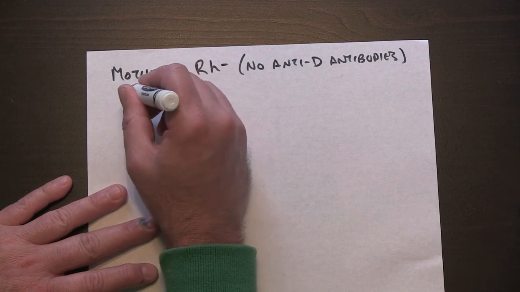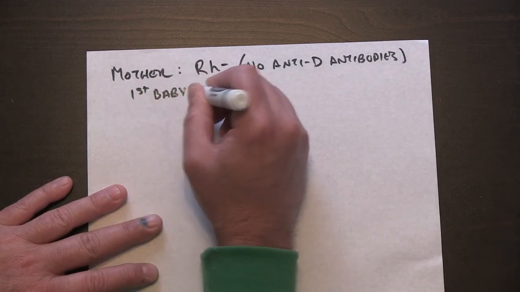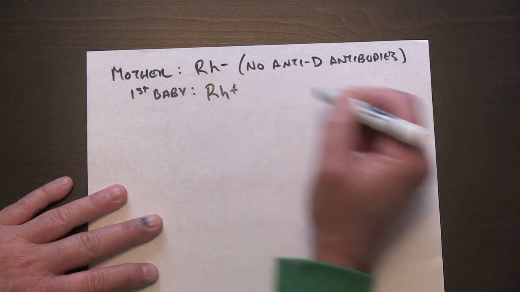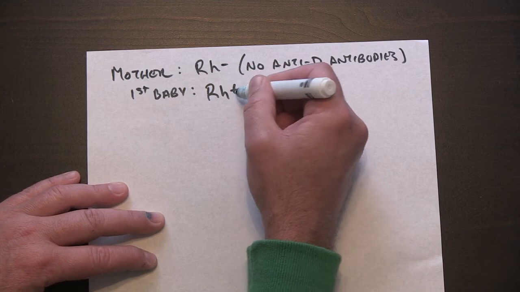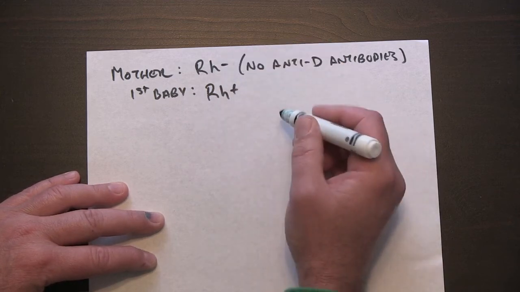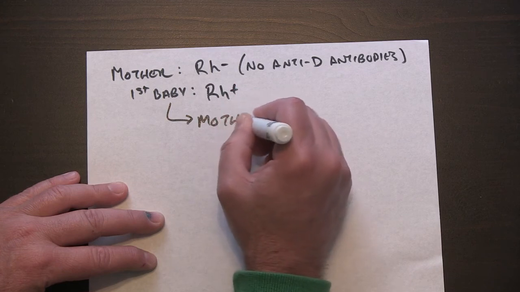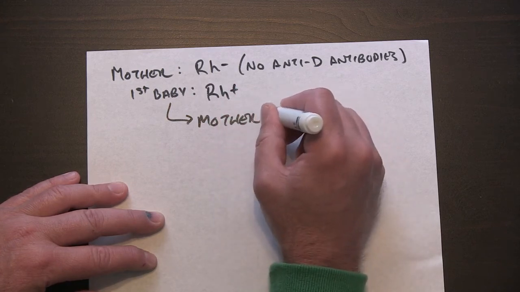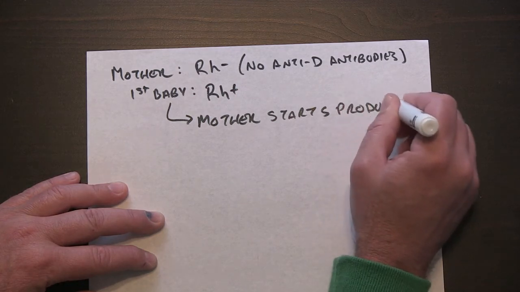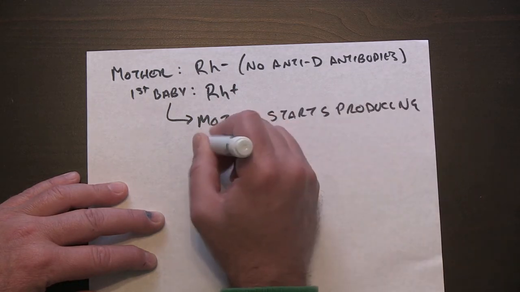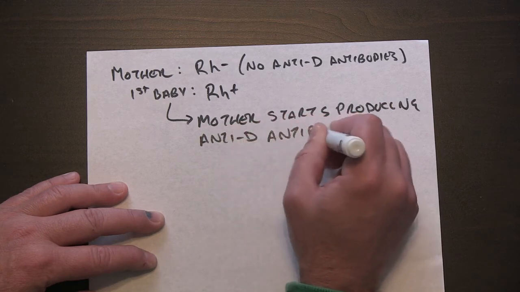If her first baby is Rh positive, there's a possibility that the baby's blood and the mother's blood will come in contact, so then the mother will start producing anti-D antibodies.